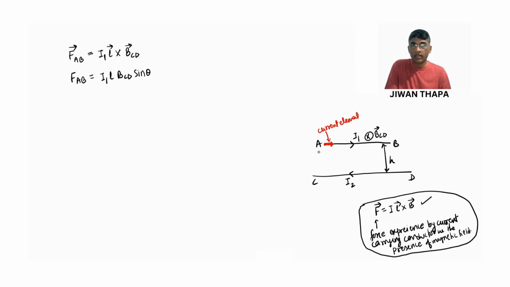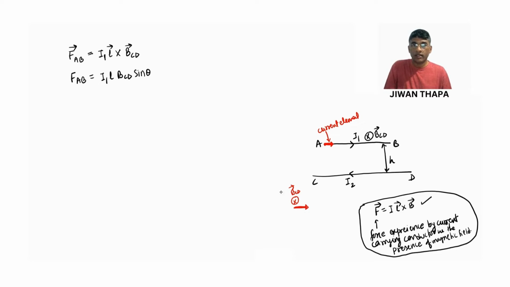We find the current element is horizontal and the magnetic field is acting in the inward direction. Clear?